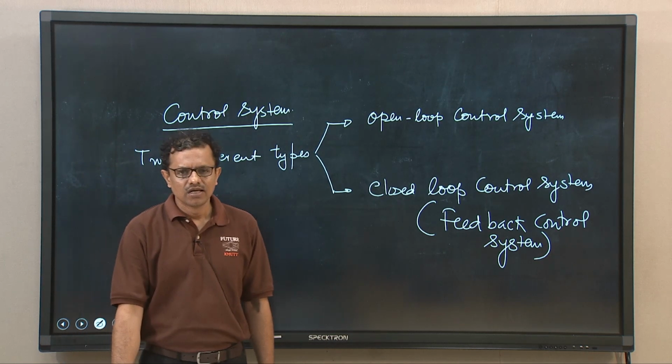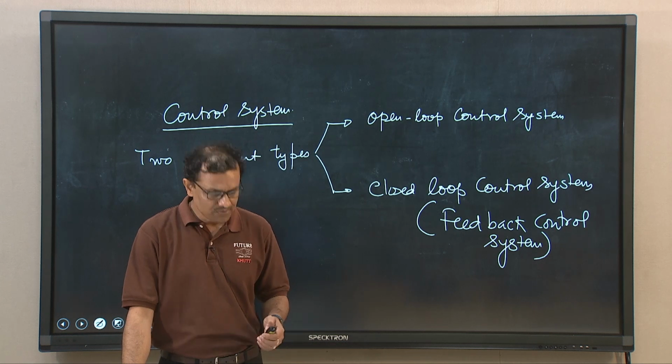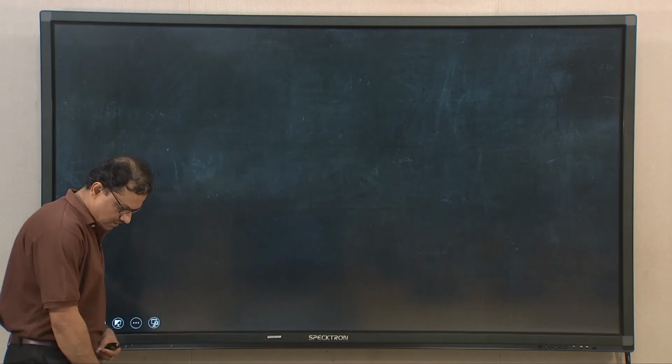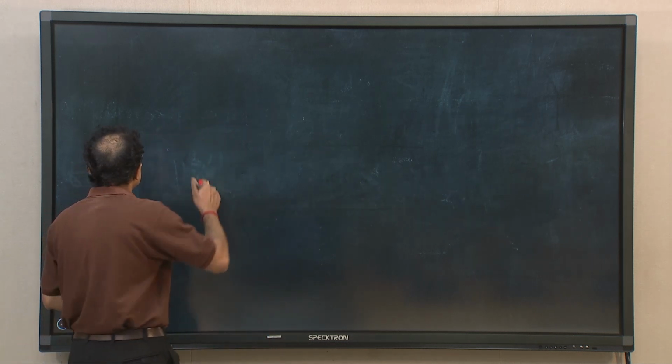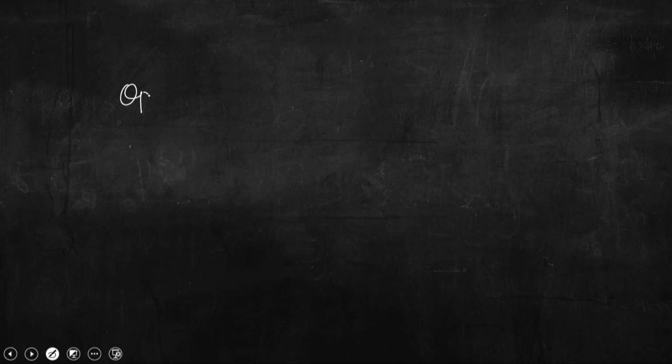So, what is an open loop control system? Let me discuss it using a block diagram. Open loop or open type control system.